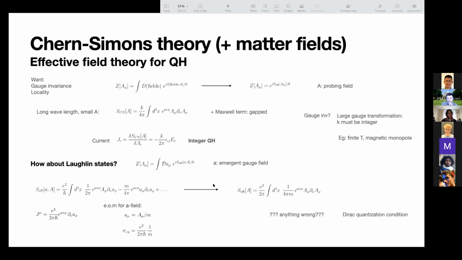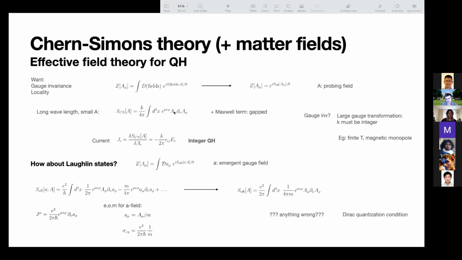So there are not many terms we can write down, and we can write them down order by order because we're considering this limit. The leading order term is called the Chern-Simons term, which looks like this, and the next order is the Maxwell term. The Chern-Simons term plus Maxwell term actually gives a gapped photon spectrum. That's good because we want to consider gapped theories.